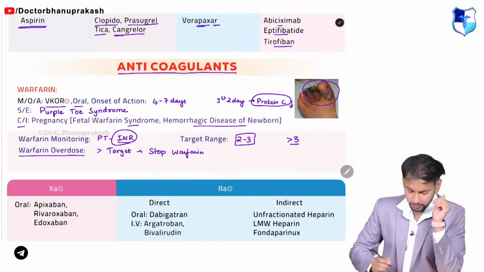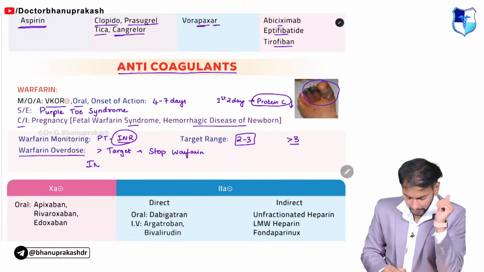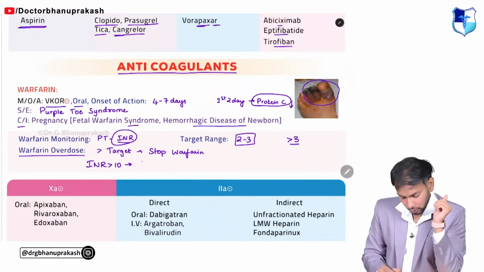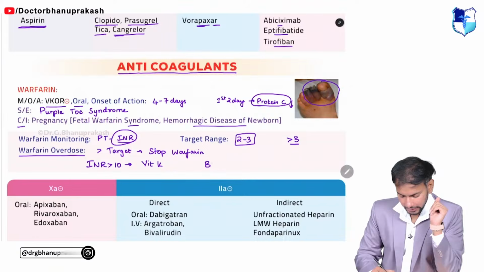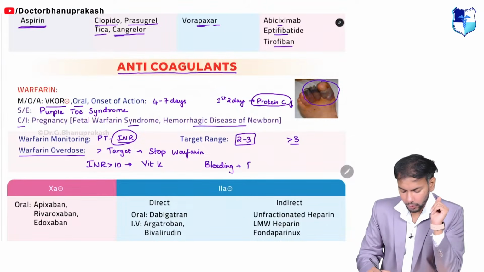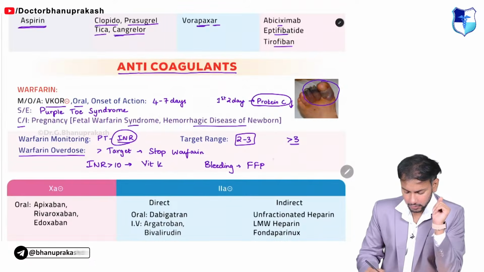This is what they are saying. Now, they are also saying if INR is more than 10, that is when you start vitamin K. Now, doesn't matter what is the INR, if there is bleeding, then you have to give 4-factor complex.